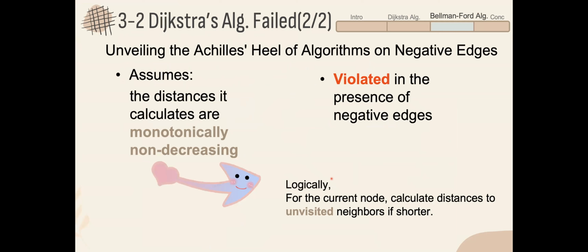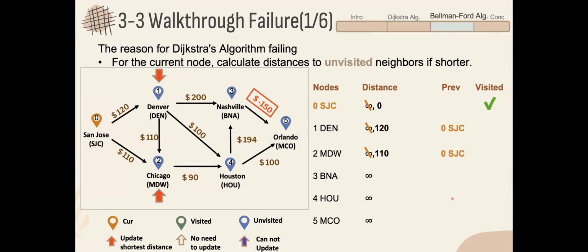Dijkstra's algorithm thrives on the belief that distances only rise, like stepping stones leading upwards, yet when we introduce negative edges, this harmonious climb falters. This is the fundamental cause: for the current node, it calculates distances to unvisited neighbors if shorter. Let's dig into the failure by working through the algorithm step by step.